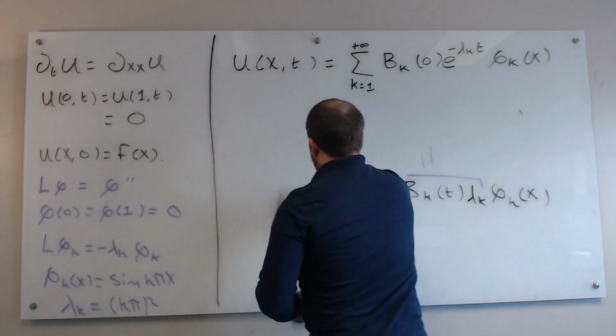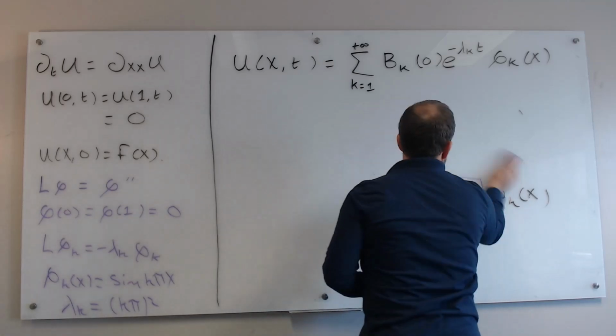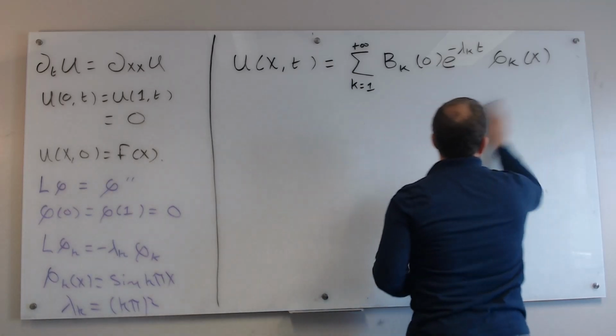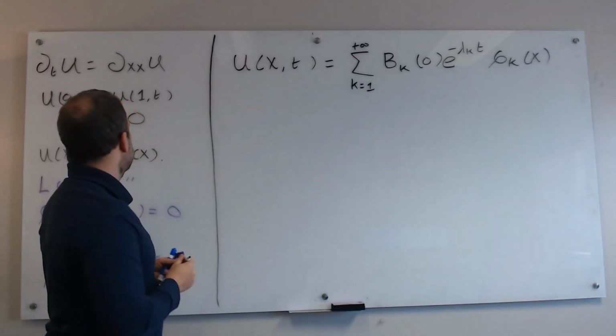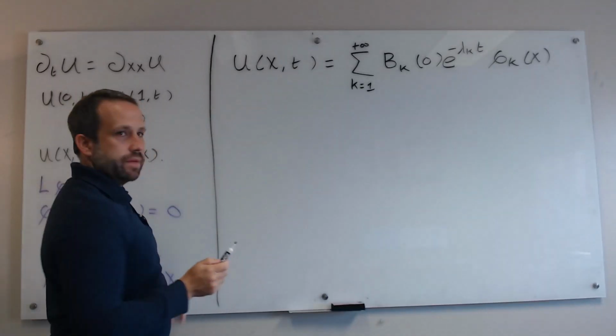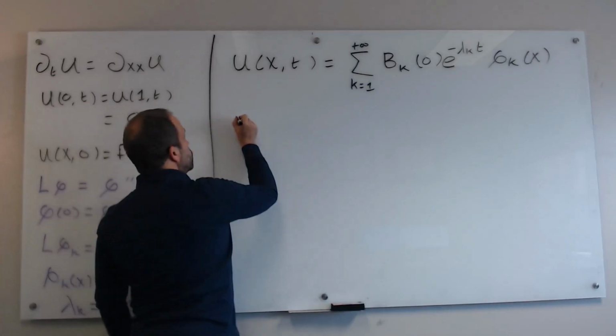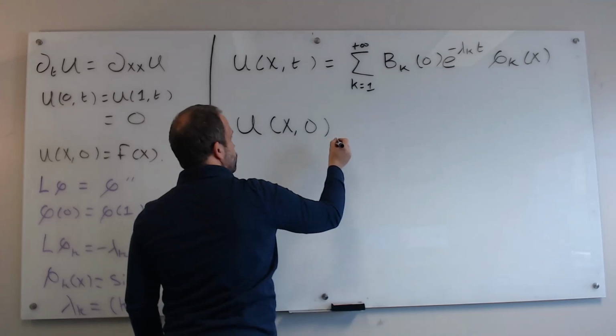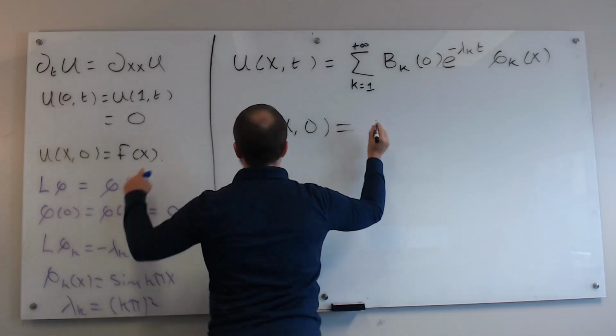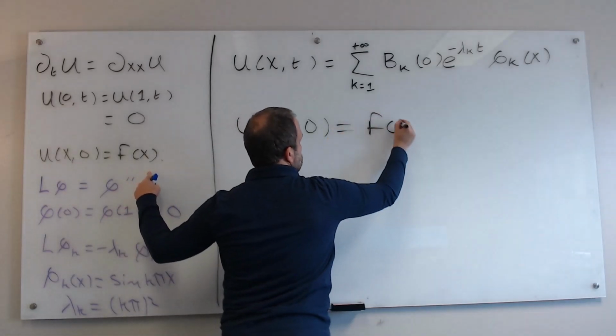So I need some other piece of data to tell me what bk of 0 is. How can I figure that out? It's going to be the initial conditions here. So u of x, 0, well, I know on the one hand it's equal to f of x.